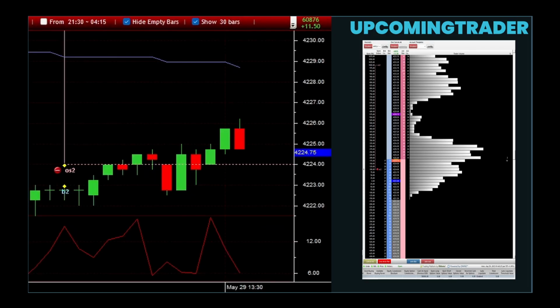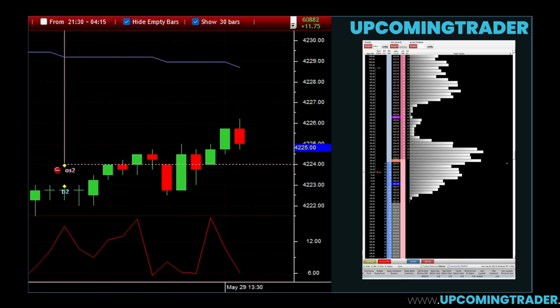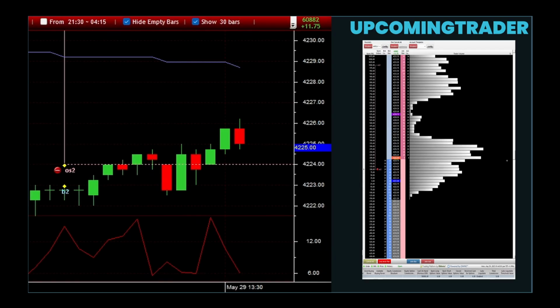It is always a good idea to set some rules to protect yourself. One way to do that is by setting a stop loss. This is a way to automatically sell your position if the market moves against you. For example, you could set a stop loss just below a recent support level.